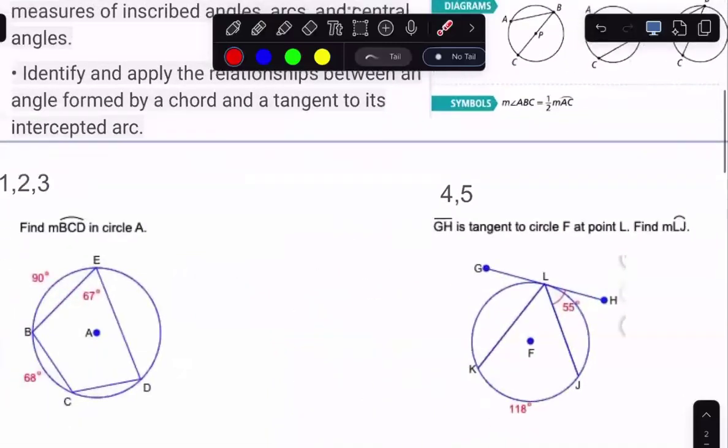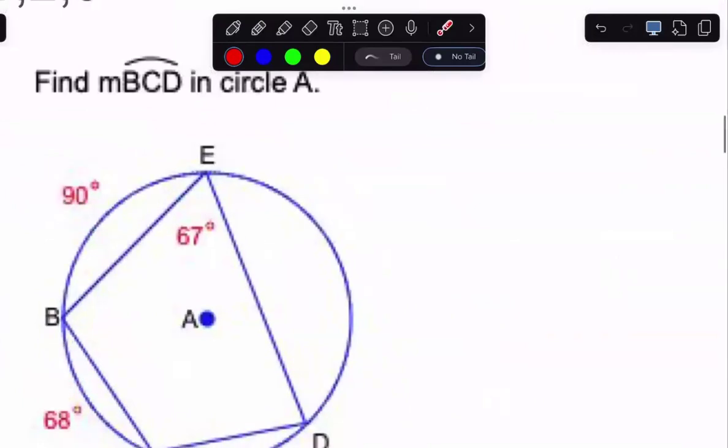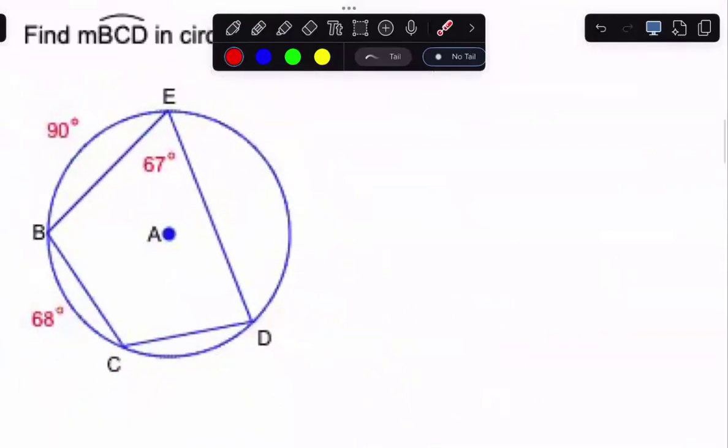Okay, so let's do a couple problems. Numbers 1, 2, and 3 say find arc BCD. So it wants us to figure out what the measure of this arc is. And we know that the angle is 67.